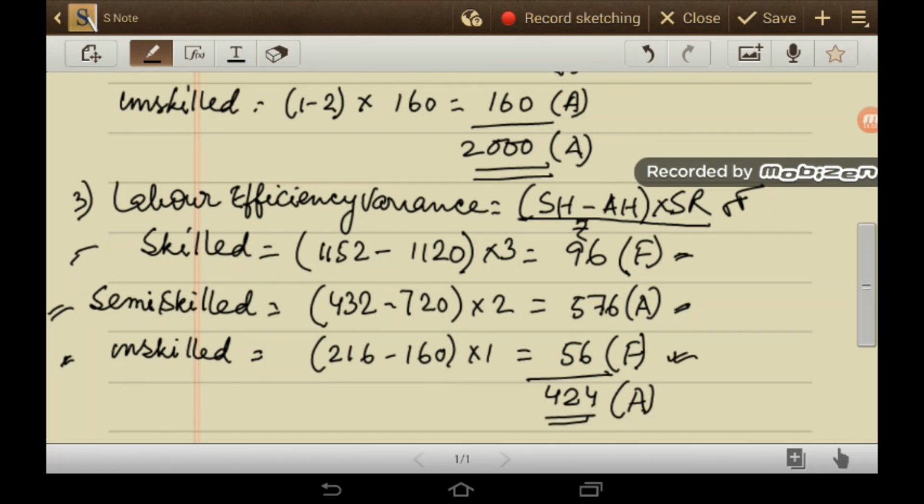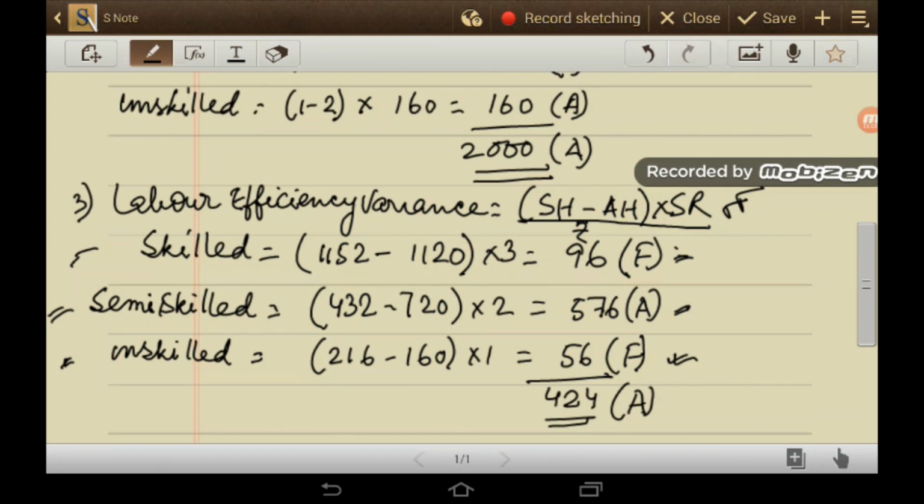So favorable values will be subtracted from the adverse ones. So 424 adverse. Labor efficiency variance has two sub-variances, labor mix variance and labor sub-efficiency variance or yield variance.